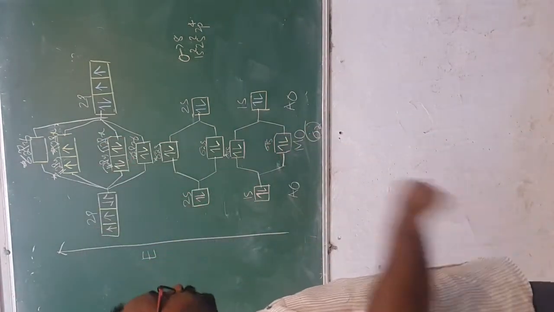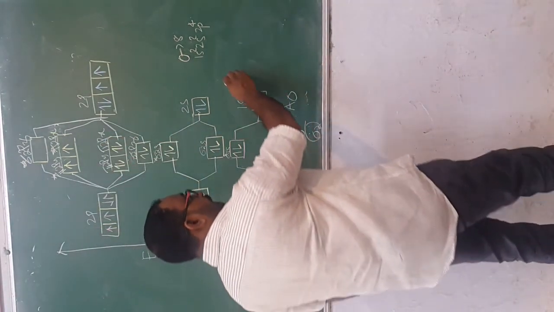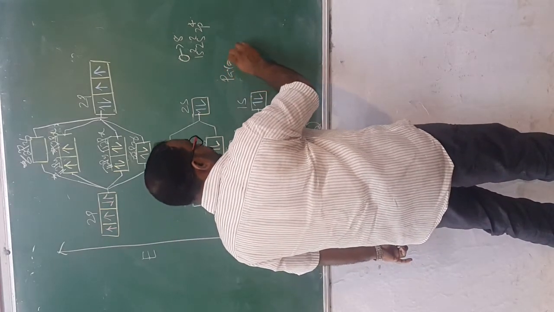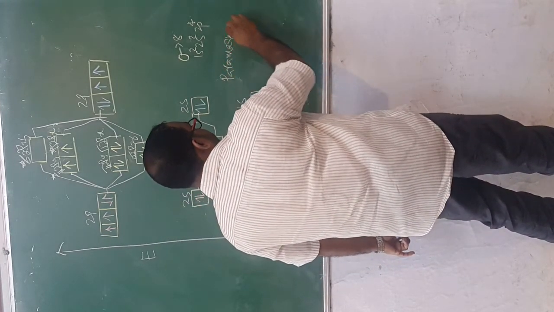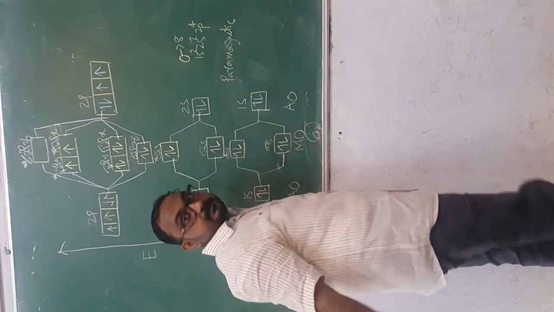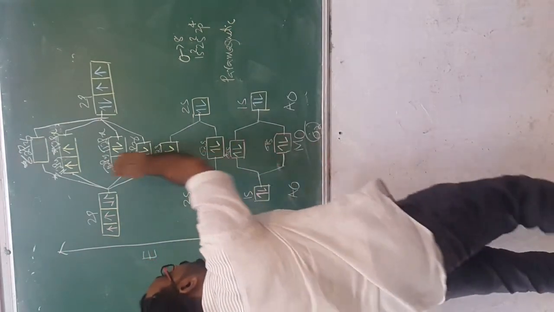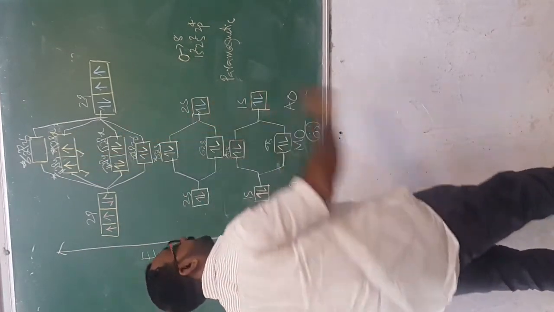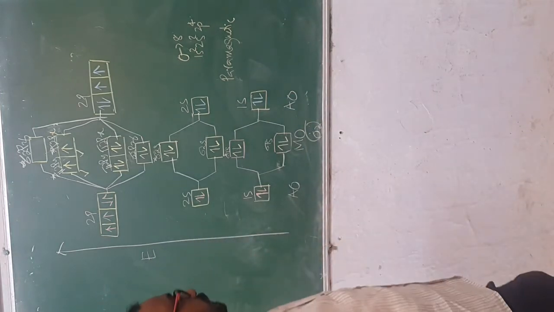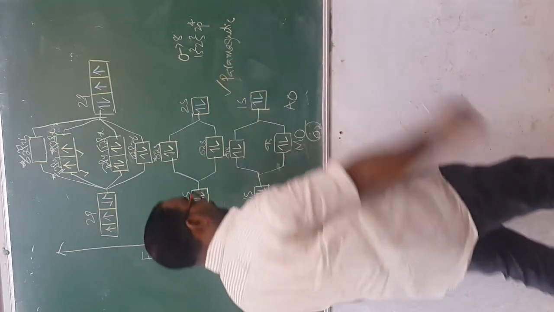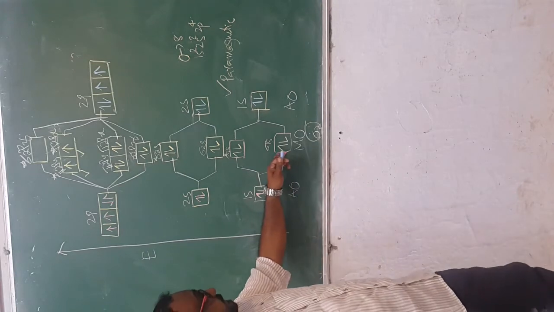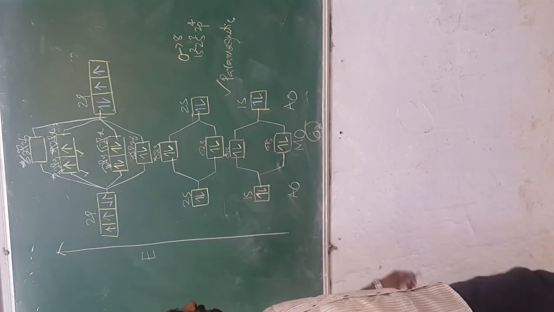Let us look into those aspects. Is it paramagnetic? How do you say that? Here you can see 2 unpaired electrons in the oxygen molecule, so it is paramagnetic. Is it possible for this molecule to exist? Let us see.